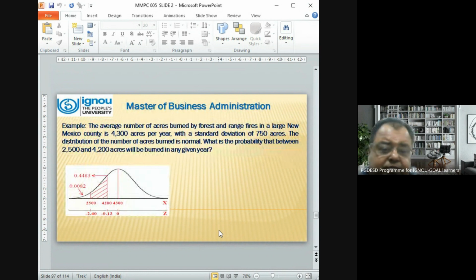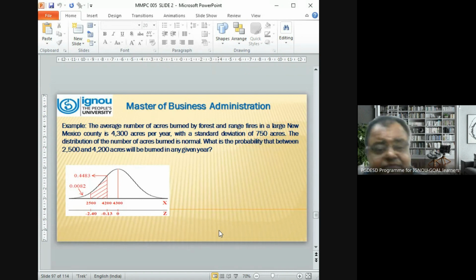Another problem. Average number of acres burned by forest and range fires in a large New Mexico county is 4,300 acres per year and a standard deviation of 750 acres. The distribution of the number of acres burned is normal. What is the probability that between 2,500 and 4,200 acres will be burned in any given year?